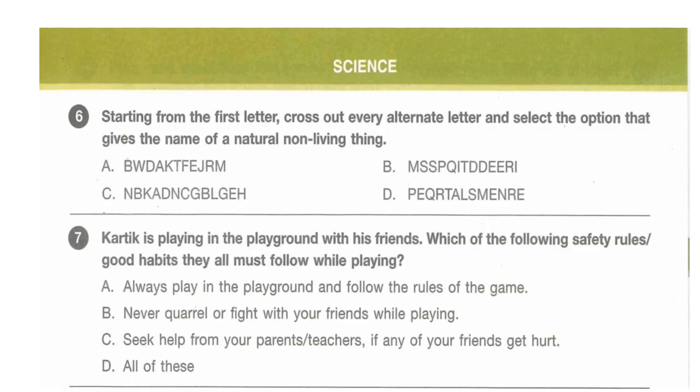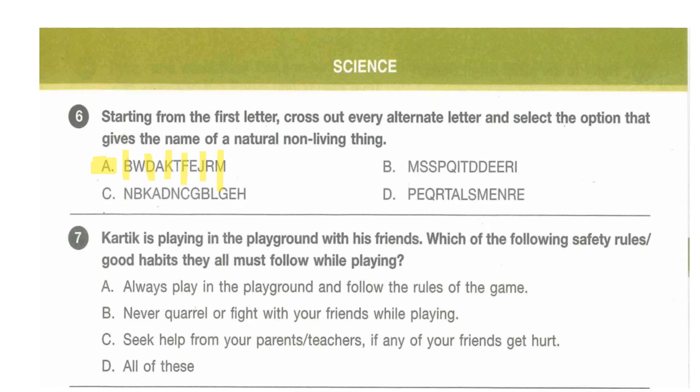So we have to start from the first letter and cross out every alternate letter. So let's find out the answer.